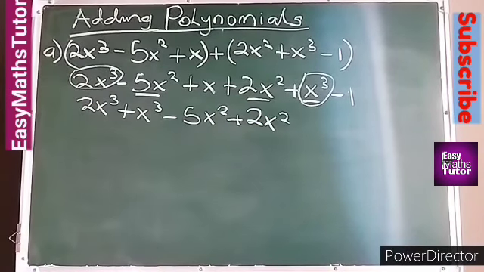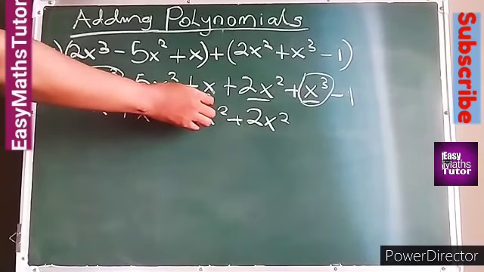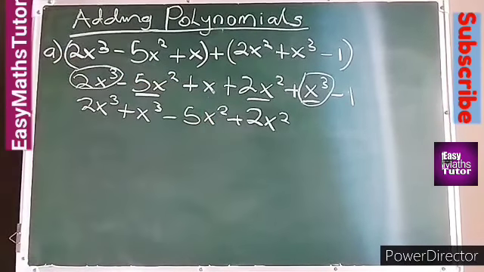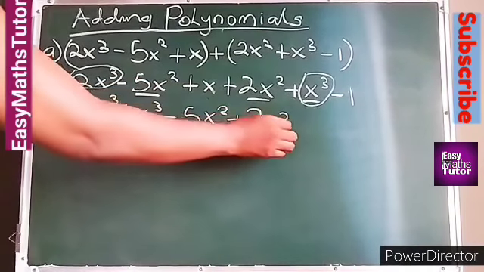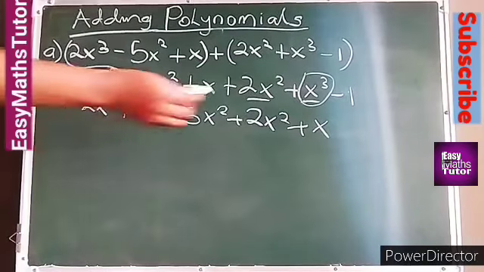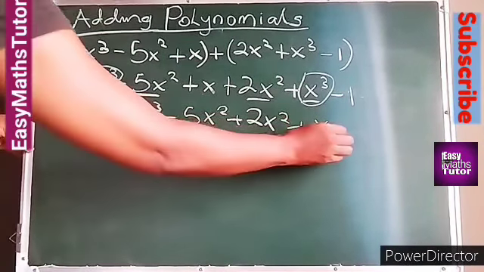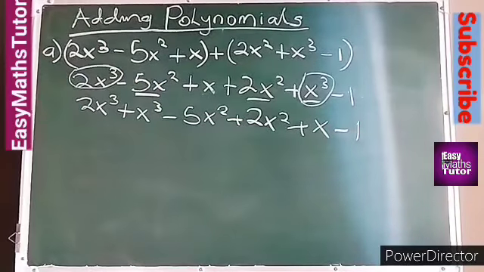So we're left with this term, a first degree what? Term. So we'll write plus x. And then we're left with a 0 degree variable term. So we'll have minus 1.